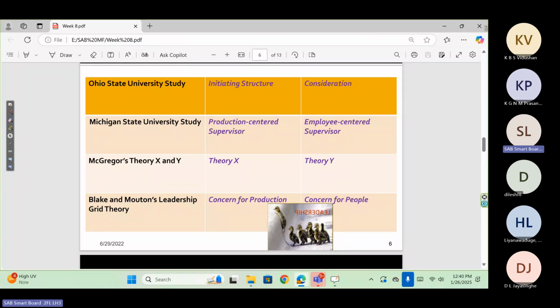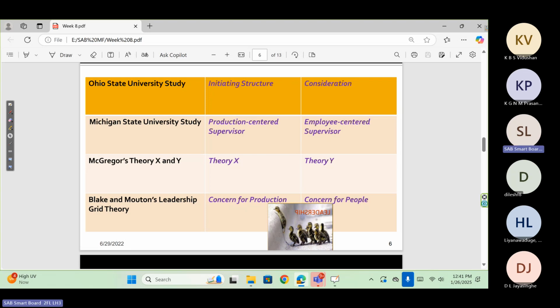Then based on the task and relationship dimensions found in these two studies, Blake and Mouton later developed a theory called the leadership grid theory. I have not included it. I asked you to Google and take down the image. But that theory is there in the ebook.